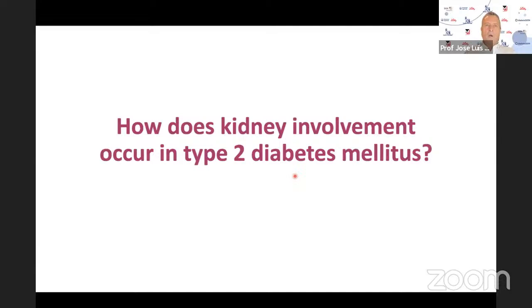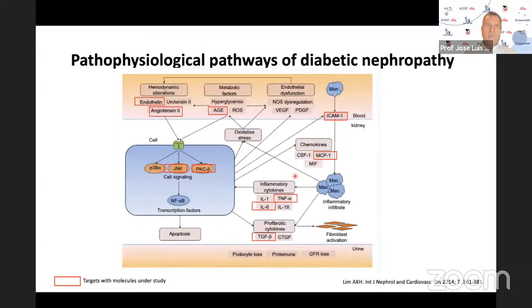So the next point is, how does kidney involvement occur in type 2 diabetes mellitus? In the diabetic milieu, metabolic and hemodynamic alterations, particularly activation of the renin-angiotensin system, trigger different signaling cascades, including protein kinase C and Janus kinase, which activate transcription factors such as NF-kappa B. As nephrologists we know this is a relevant point for the lesions in diabetic kidney disease.